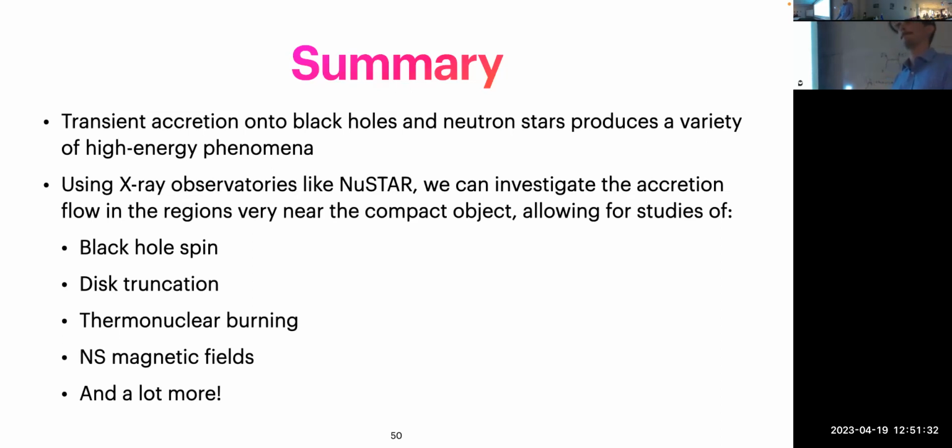Thank you. Is the telescope you're looking at now better than NuSTAR or just different? It's very different. COSI is what I'm here to work on. COSI is a soft gamma ray telescope, so a totally different bandpass, from 200 keV to 5 MeV.